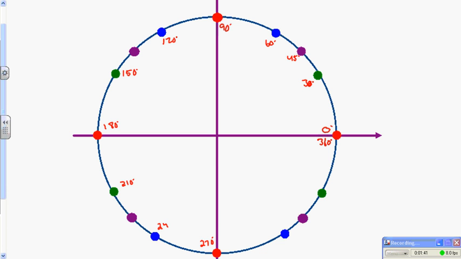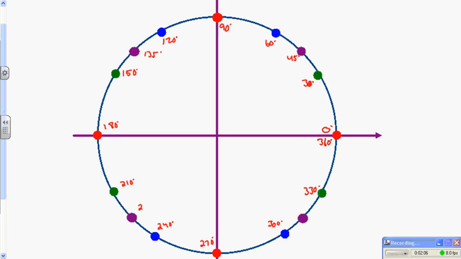I'm skipping the 45 degree markers if you haven't noticed. 270, 300, 330, and then 360.